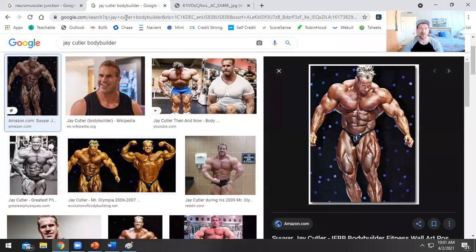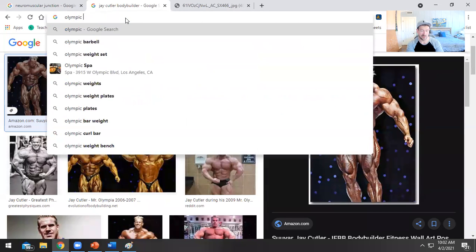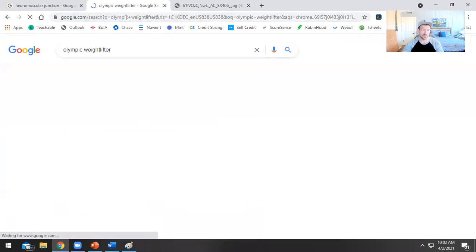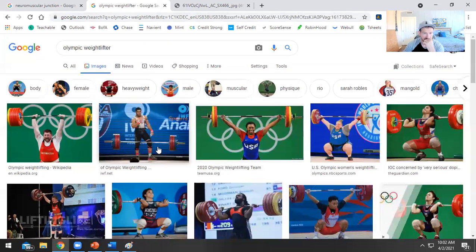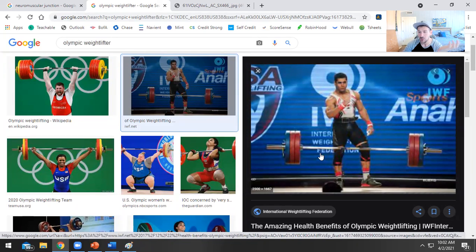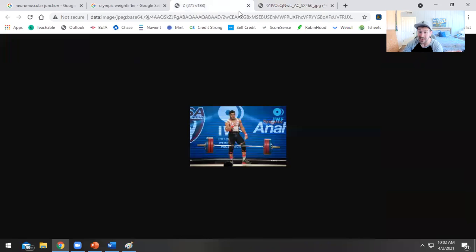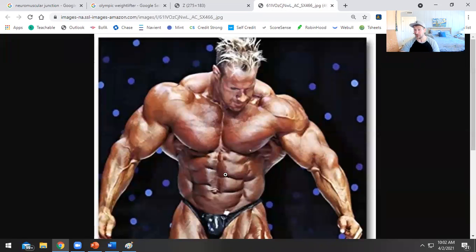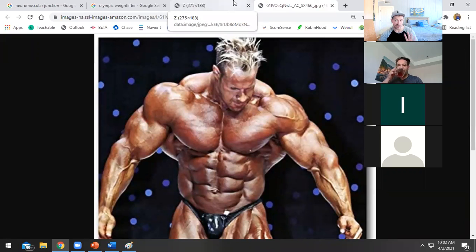But if you were to look at him versus, let's say, an Olympic weightlifter, who would you assume can lift more weight? Like that guy or this guy? You'd kind of be like, probably this guy, right? He's got much larger muscles, but that wouldn't necessarily be true. It could be true. I don't know how much these guys can lift.